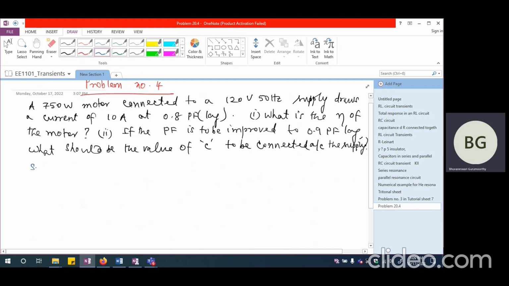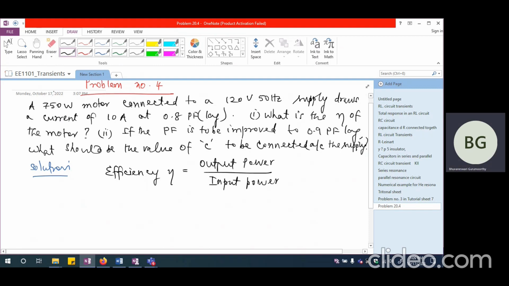So let us first of all try to understand what we mean by efficiency. So the efficiency is always defined for a motor or any other unit. It is defined as what is the output power divided by input power. That is what is the efficiency.